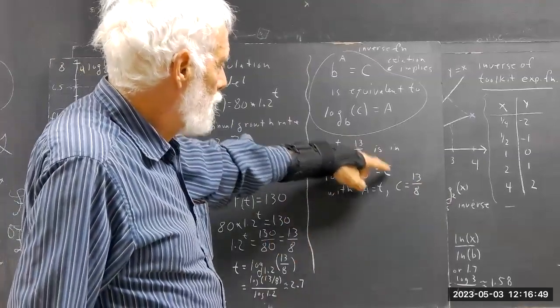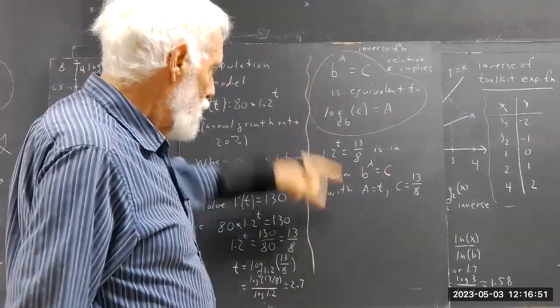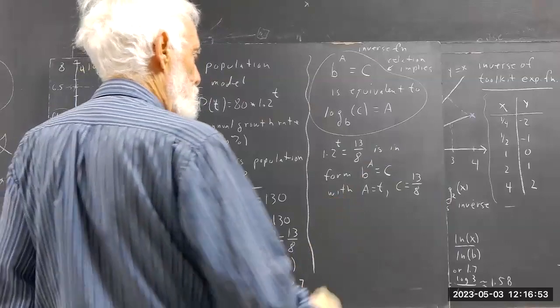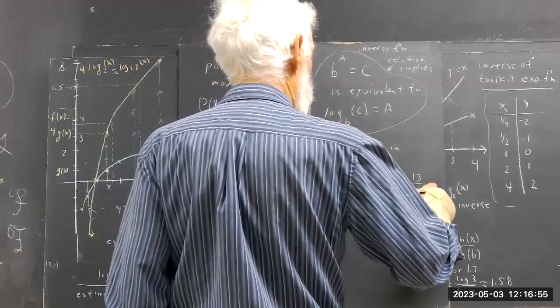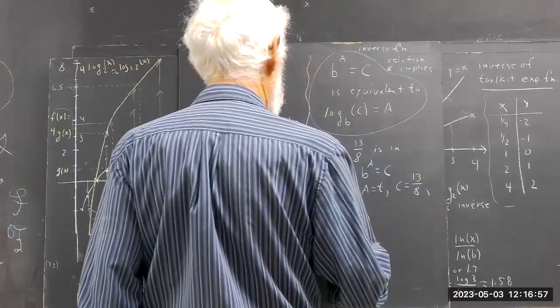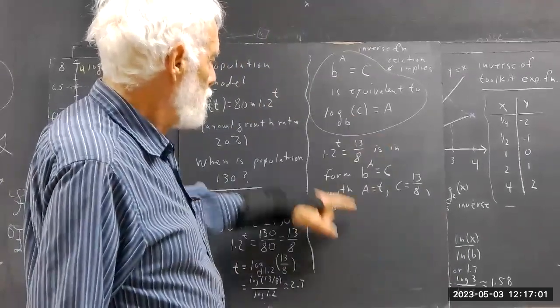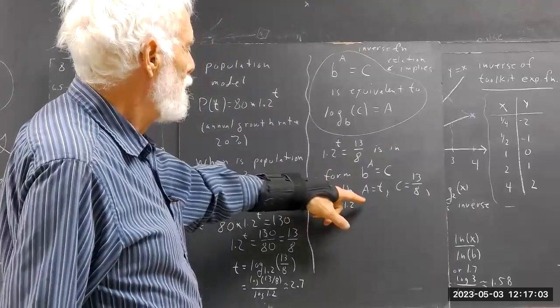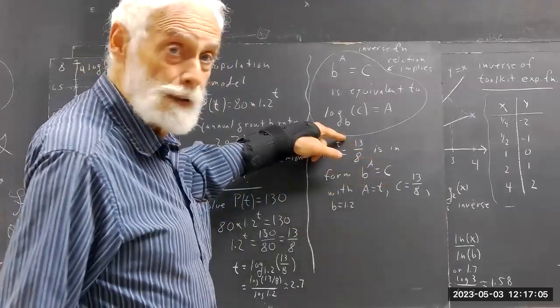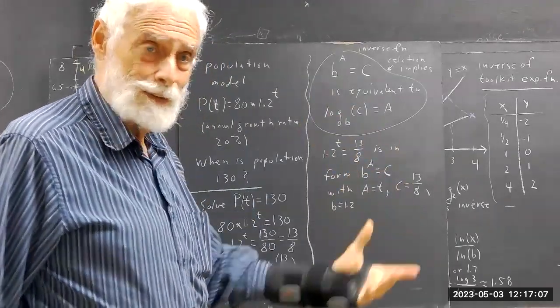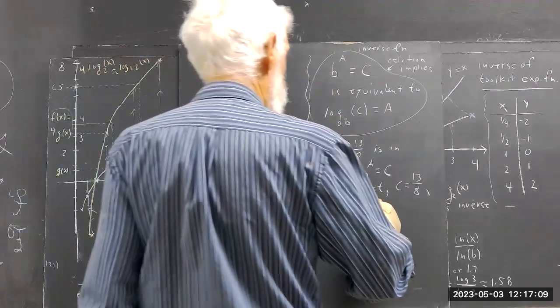It's in the form B to the A equals C, where B is 1.2, A is your T, C is the 13/8. That's pretty straightforward.